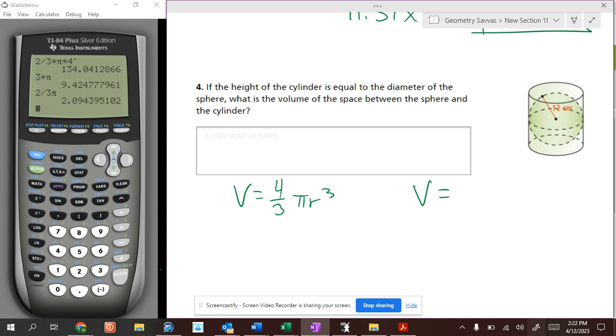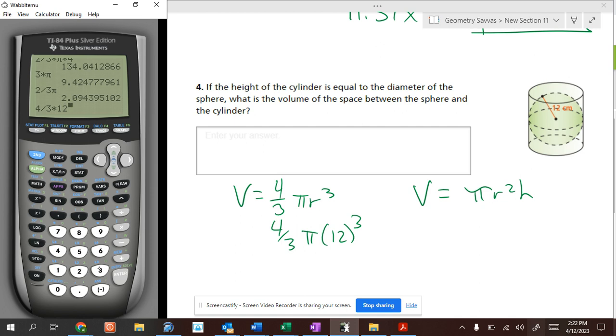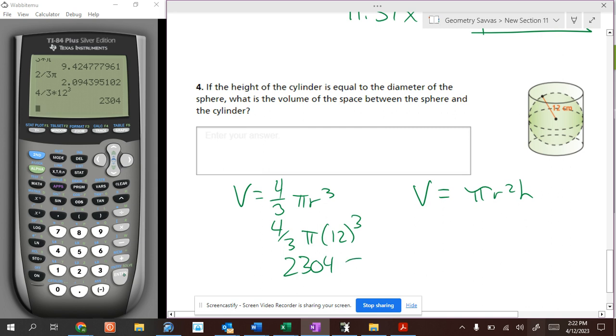The volume of a cylinder is pi r squared h. All right, so the sphere is 4/3 times pi times 12 cubed, or 2304 pi.